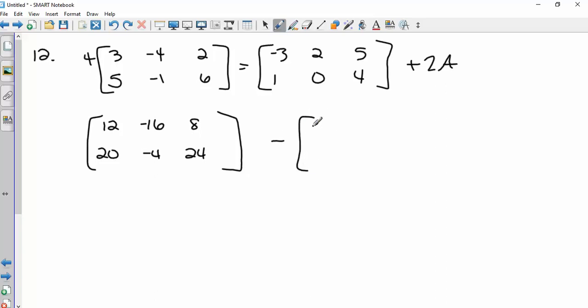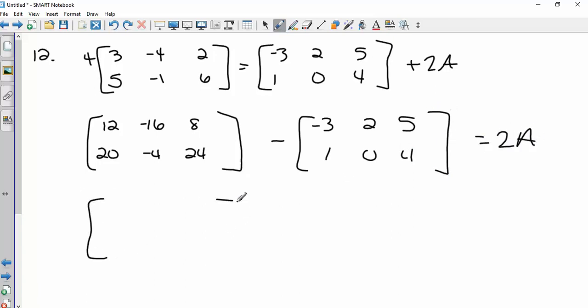What would I need to do with this matrix? Okay, so now to subtract matrices, you just subtract each entry. So 12 minus negative 3 will make 12 plus 3 or 15.